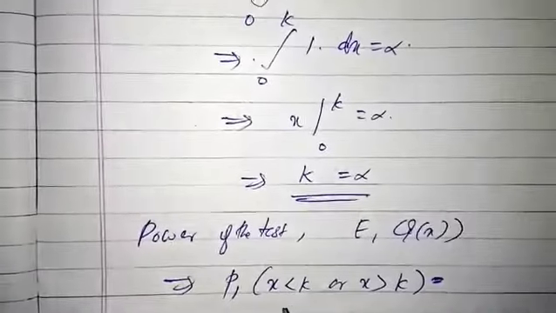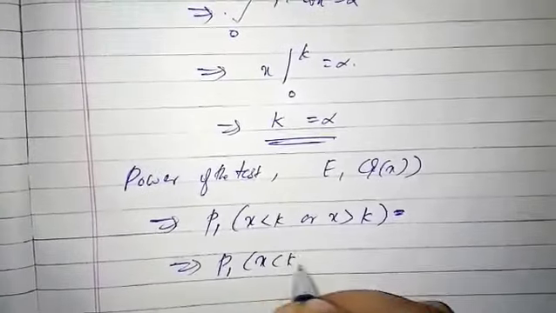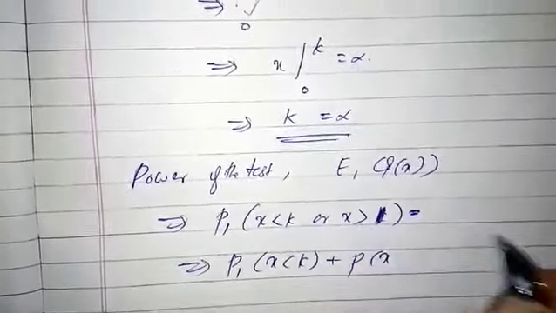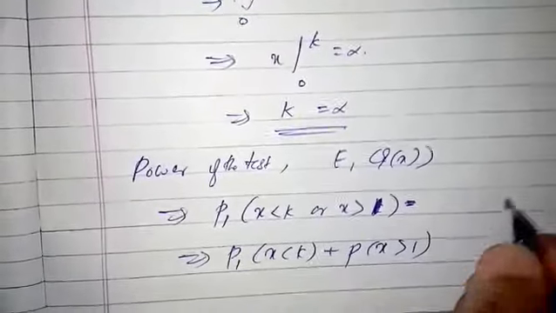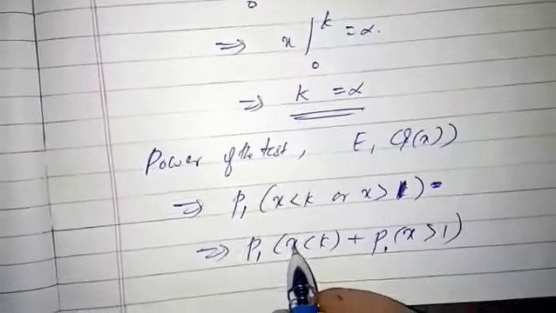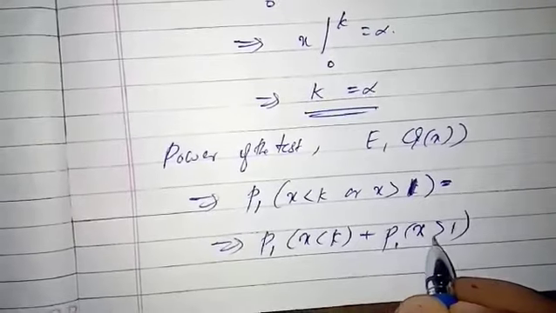We can write this as probability of x less than k plus probability of x greater than 1, under H1.